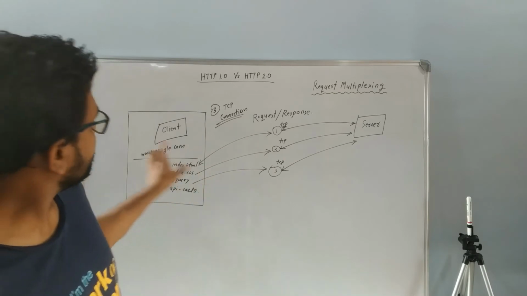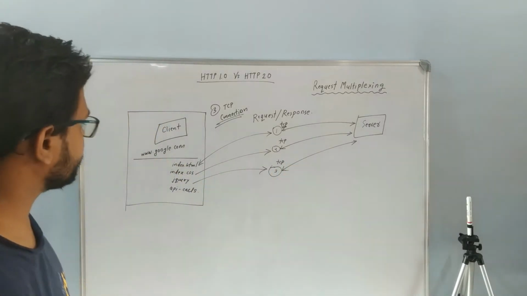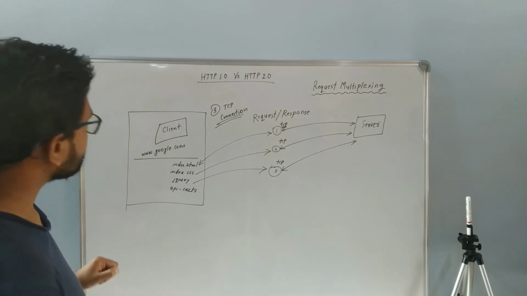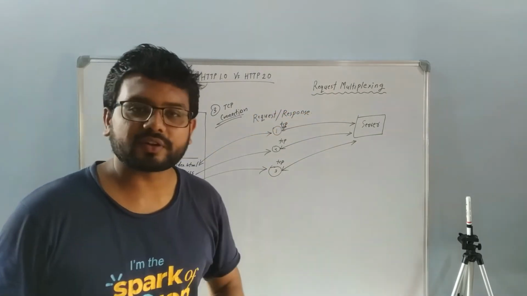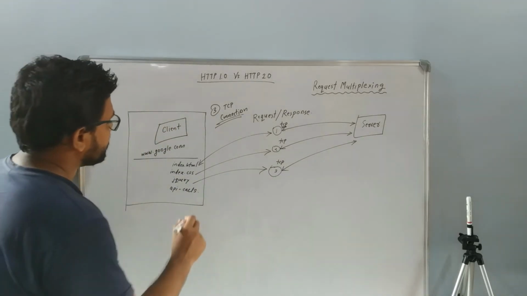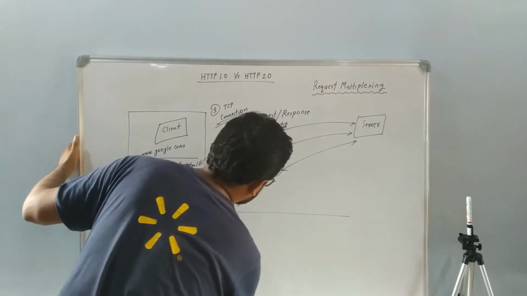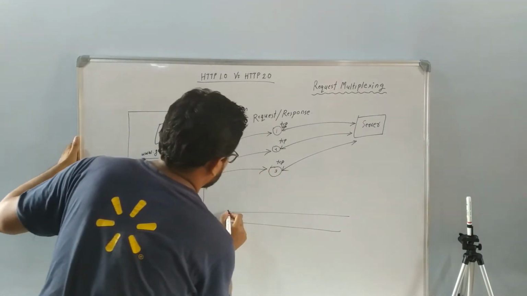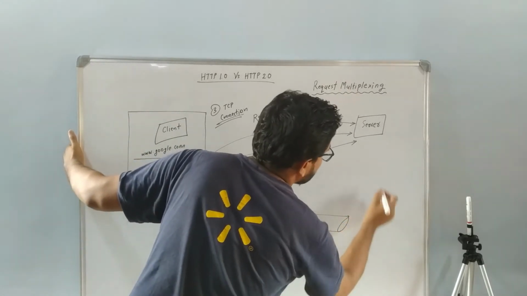Now let's see how this scenario can be optimized in HTTP 2.0. So HTTP 2.0 comes with the feature of request multiplexing. What does that mean? The client and server will establish only one TCP connection. Let's assume here it's a server.